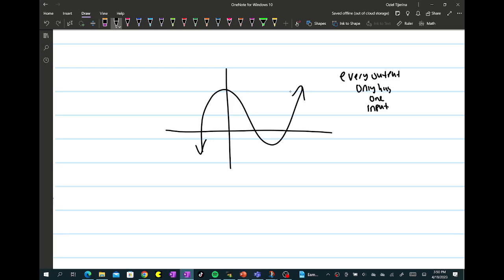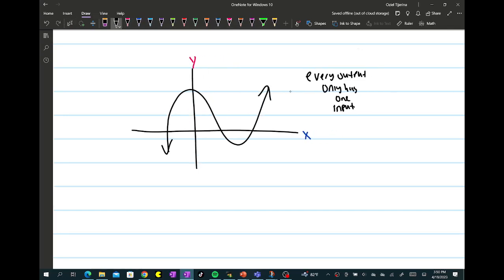So for every y value there's only one x value, and that has to be true for a function to be one-to-one.